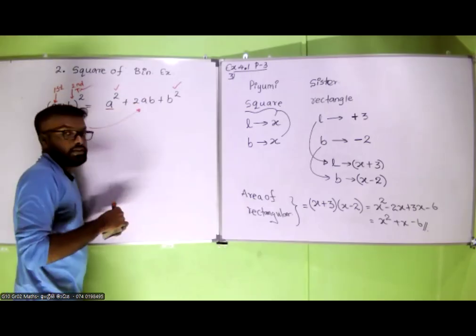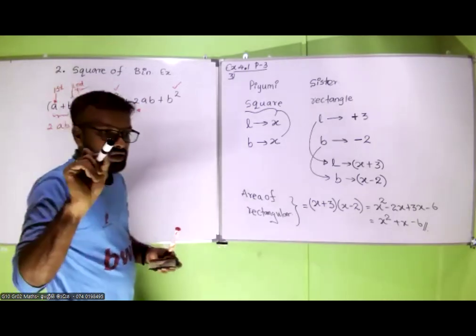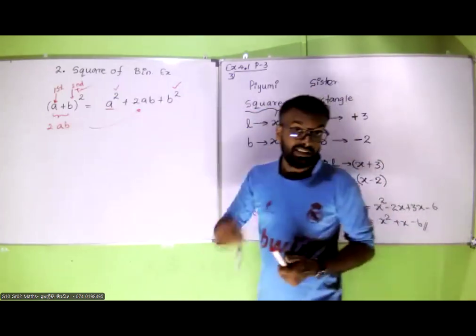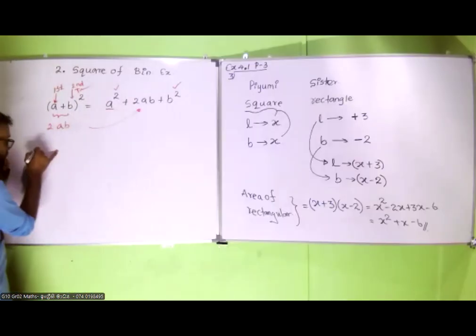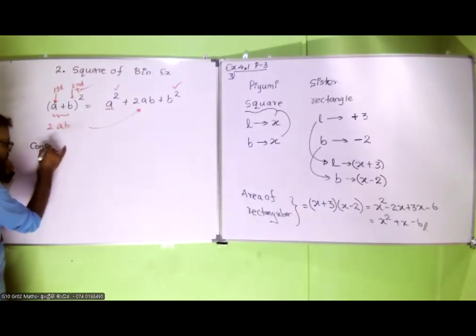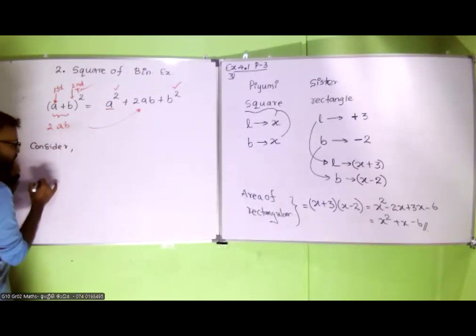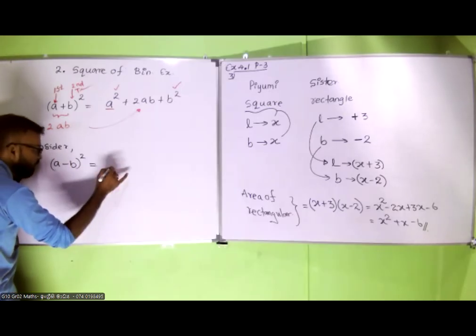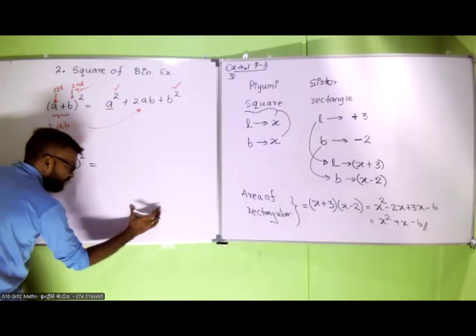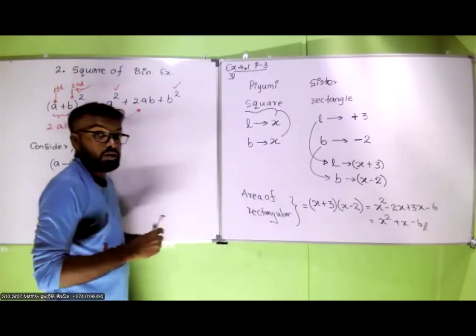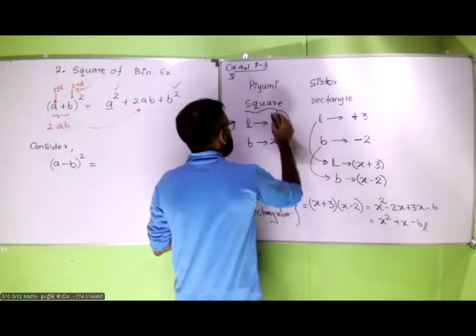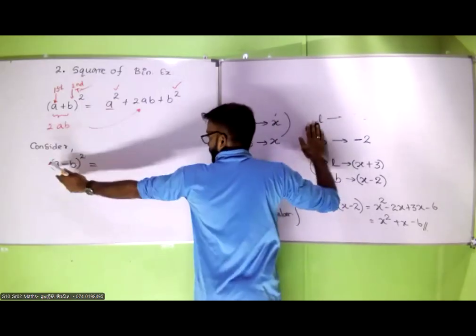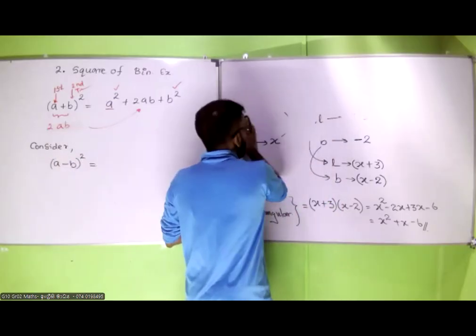Right. Now, under that box, we are going to consider the expansion of a minus b to the power 2. Do this and obtain the final expression. Do it fast. a minus b to the power 2.